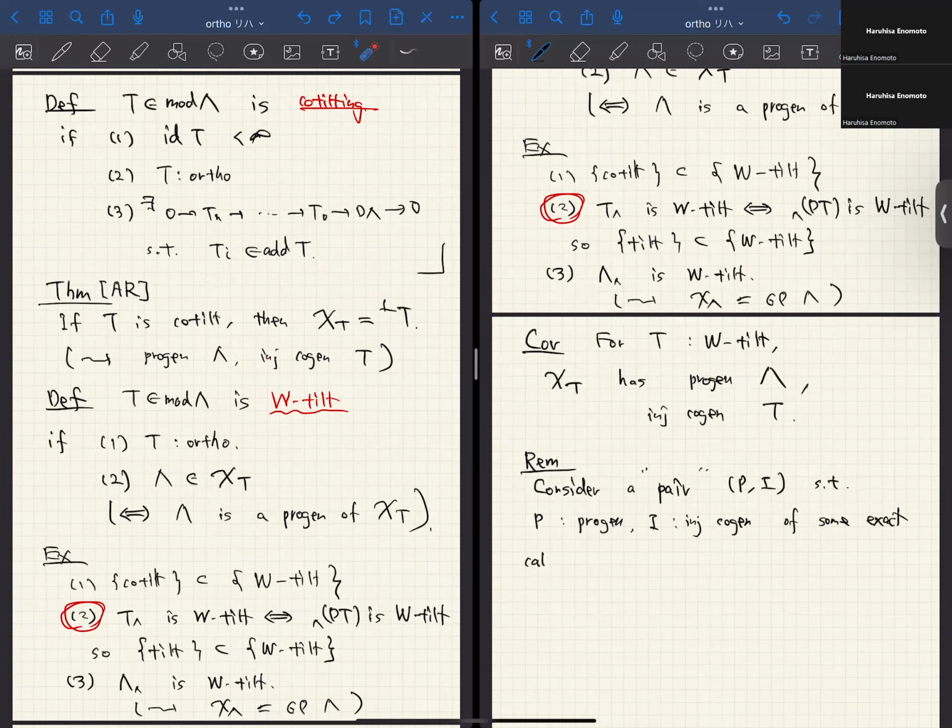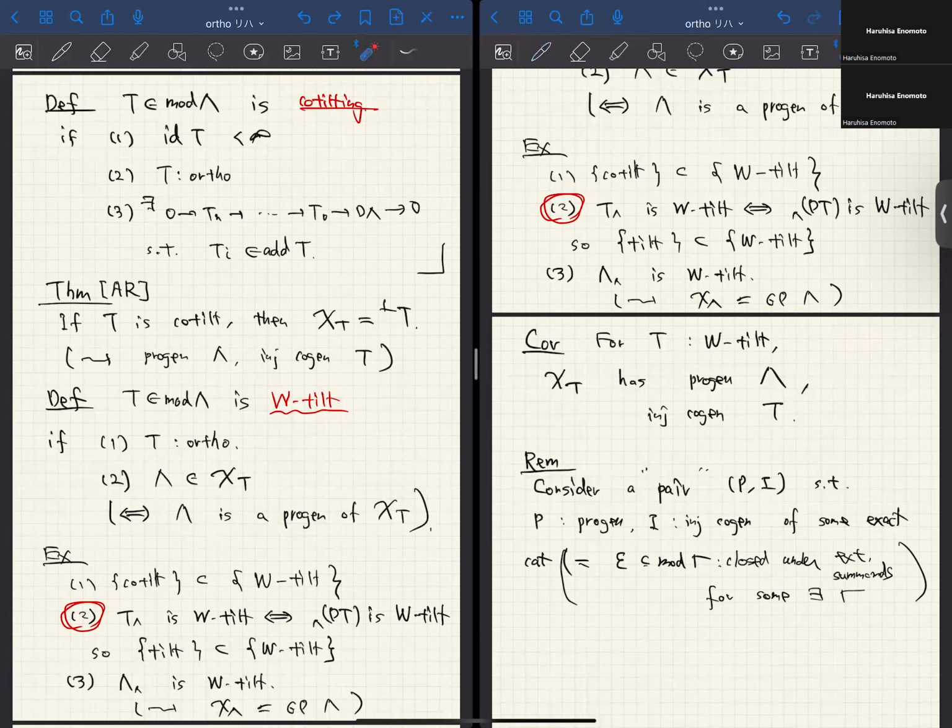If you know exact categories, this is just an extension closed subcategory of some module category, more precisely closed under extensions and direct summands, for some finite dimensional algebra Gamma.